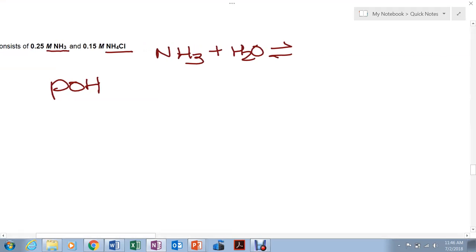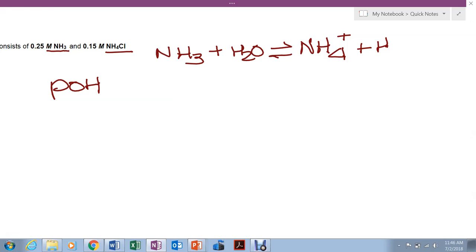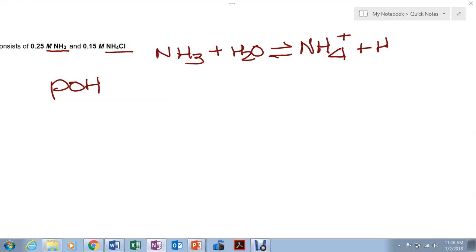It's going to be NH4 plus, and OH minus. The water gives the hydrogen to the proton, and then you have the conjugate acid.